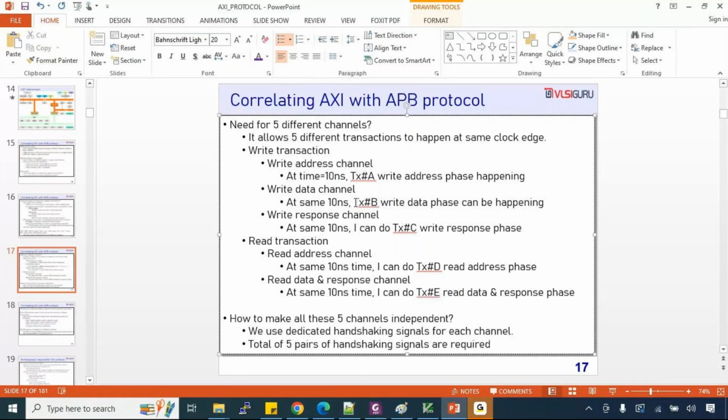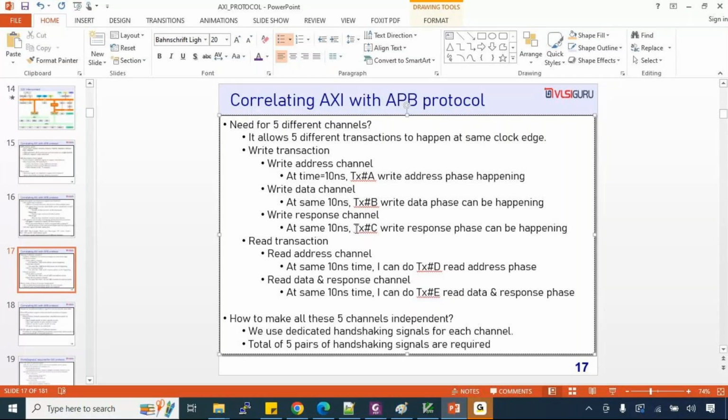Same clock edge, for a different transaction, the data phase can be happening. In the write response channel, at the same 10 nanoseconds, for transaction C, a different transaction, the write response phase can be happening. At the same clock cycle, you could be doing 3 different transaction phases.